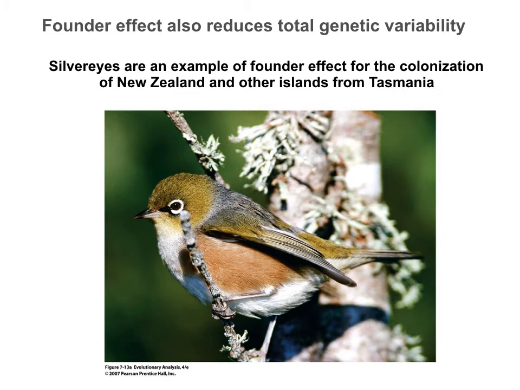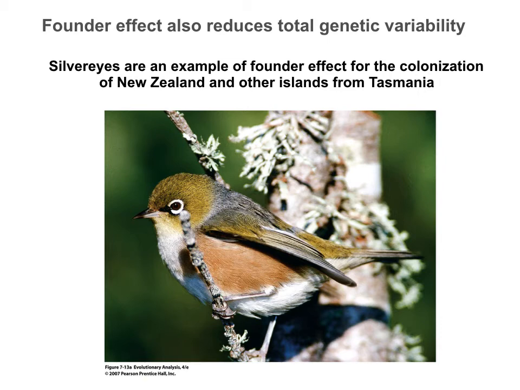Founder effect also reduces total genetic variability, because as you have a small sample size from a larger population, you're not necessarily going to sample in that small population all the alleles that are present in that population. So you lose that genetic variability.